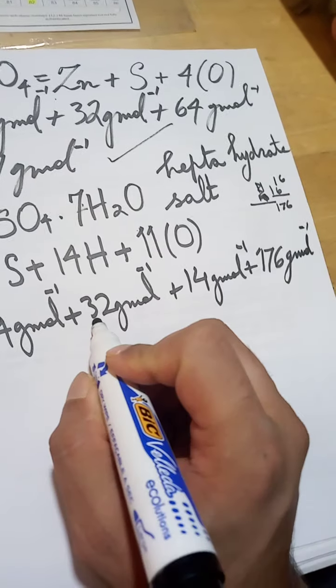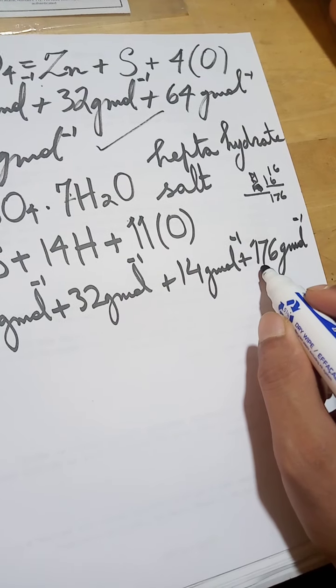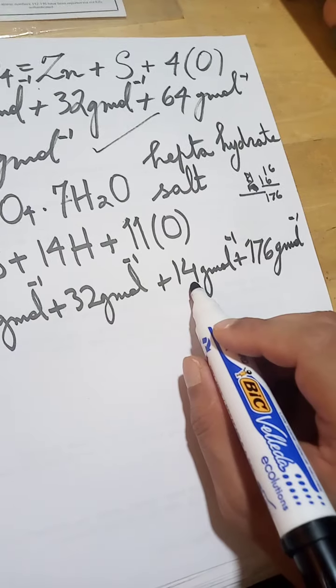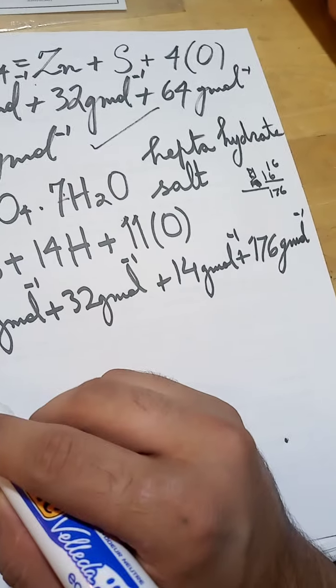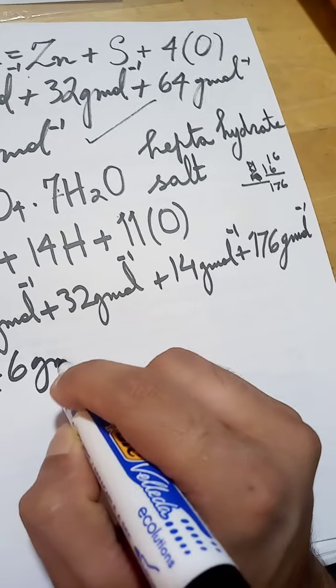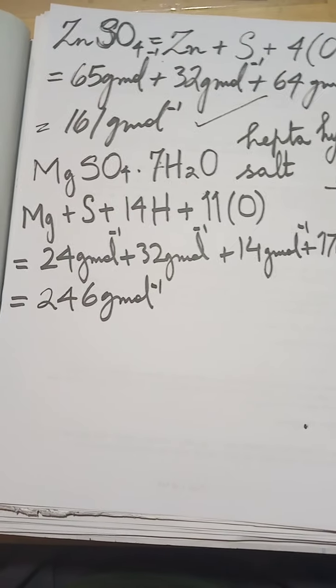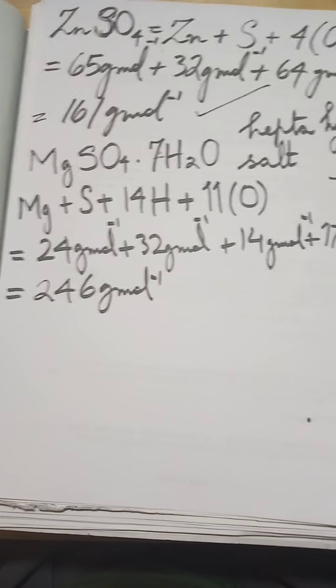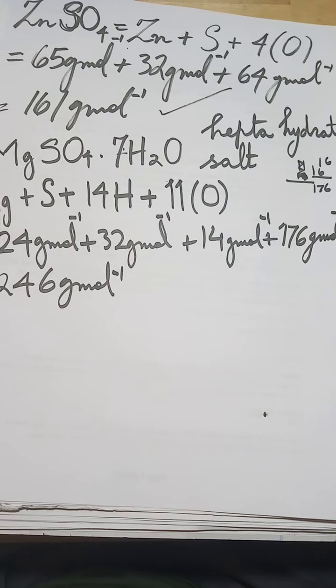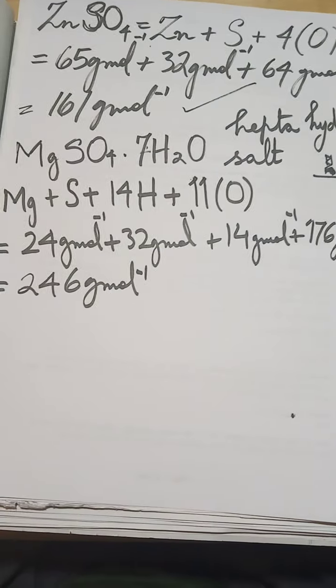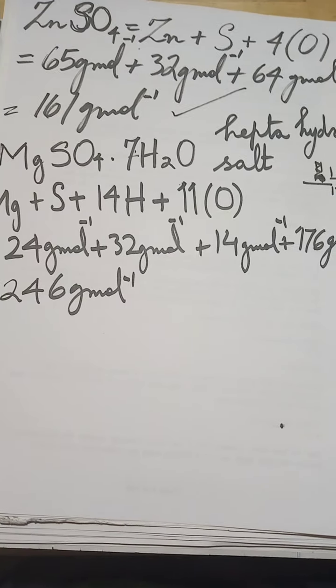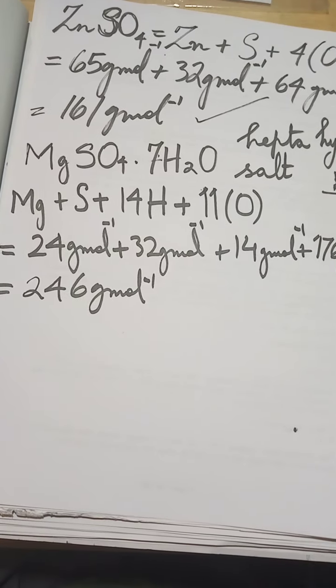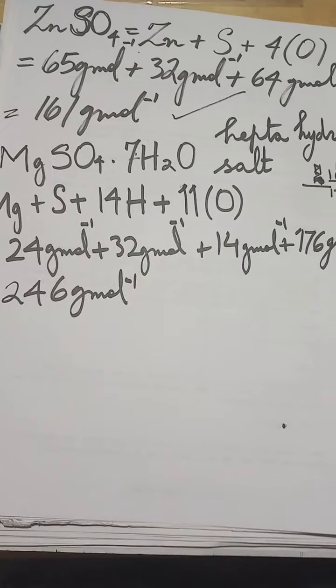So that's 20, 30, 50, 60, 230, 236, 240, 242, 246. Let's just double check it. 24 plus 32 is 56, and then that's 70, and then 170, 70 is 240, 246. Yeah, that should be correct. 170, 180, 210, 230, 234, 236, 240, 246. Yes, that is correct.